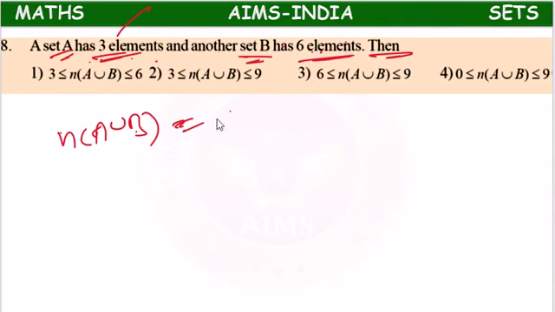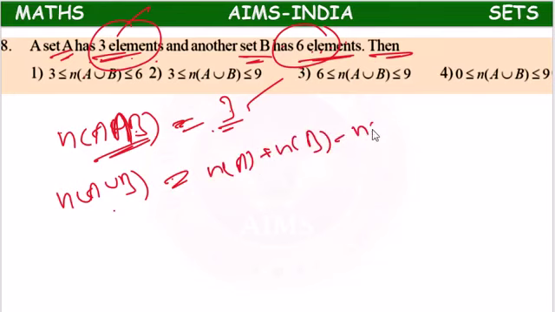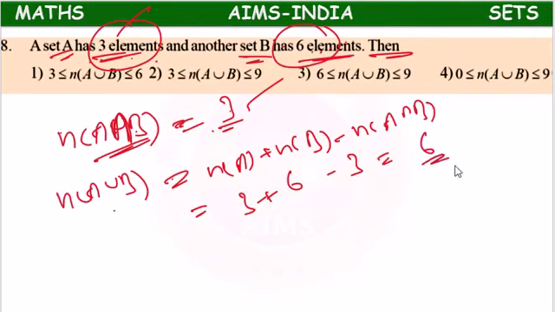Two cases are possible. If 3 elements are common in both the sets, then n of A union B equals n of A plus n of B minus n of A intersection B, means 3 plus 6 minus 3, which is equal to 6.